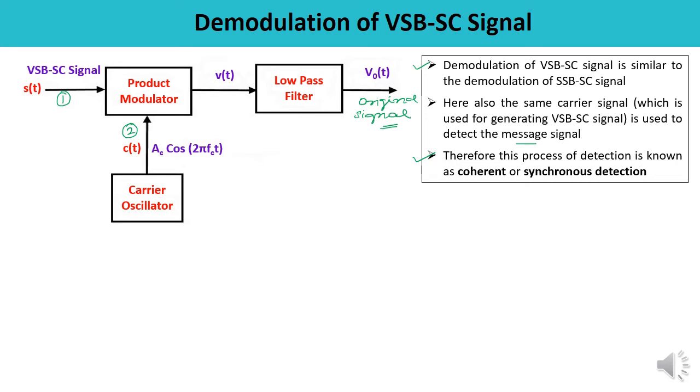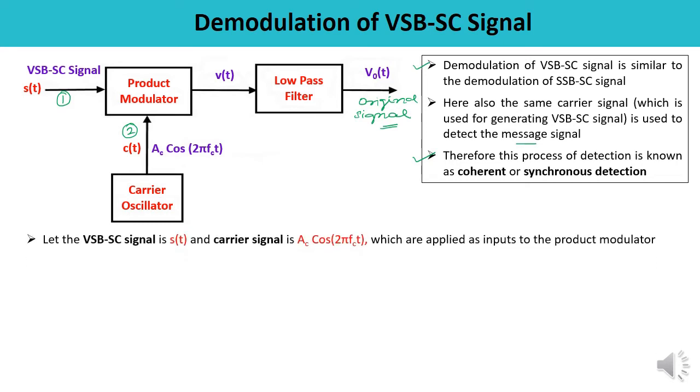For the mathematical analysis, let us write the equations. If the VSB-SC signal is denoted by s(t), and the carrier signal is written as Ac cos 2 pi fc t, denoted by c(t), these two signals are applied to the product modulator.